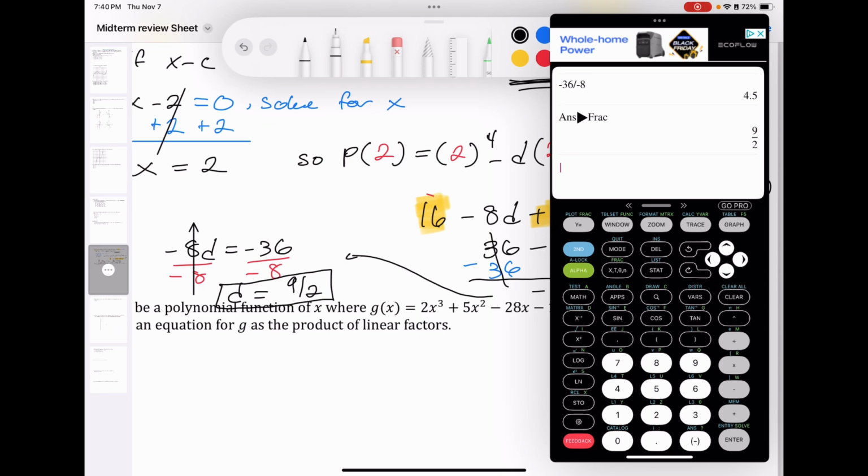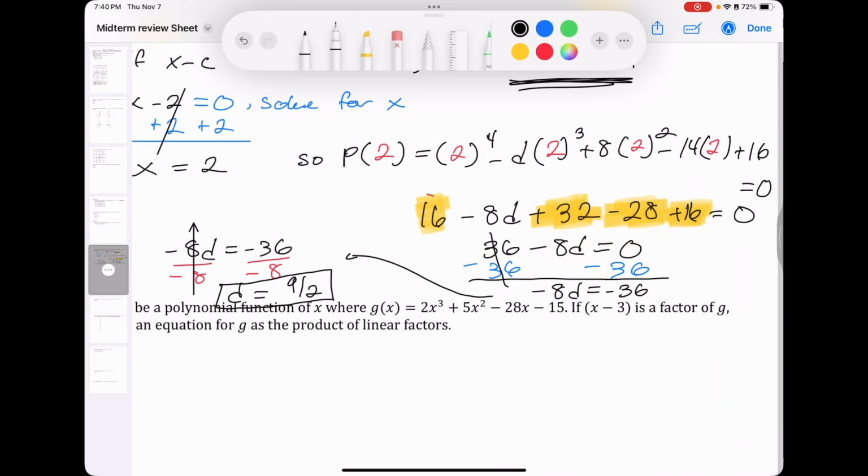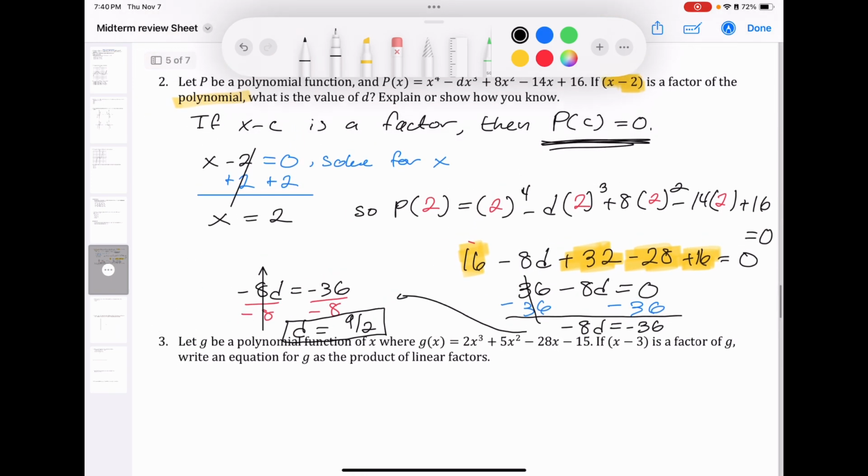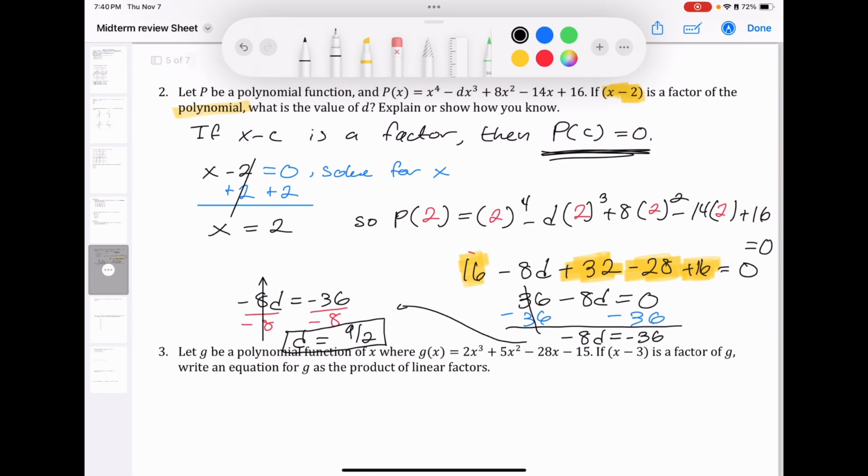So that's our d. d is 9/2. So that is it by using the factor theorem. And that's how you find the value of d.